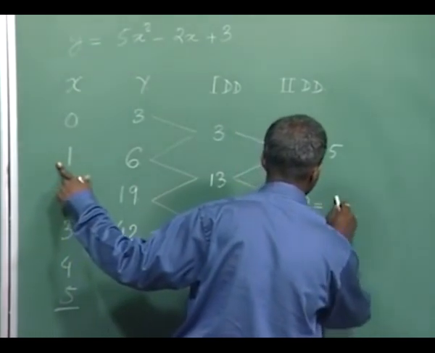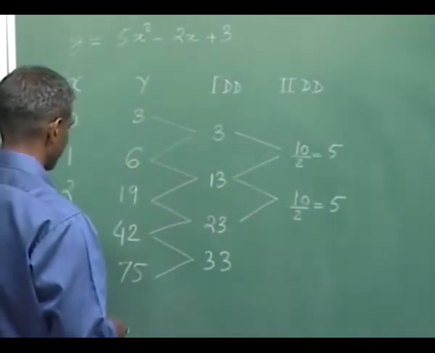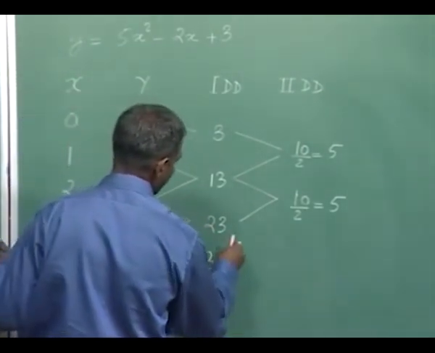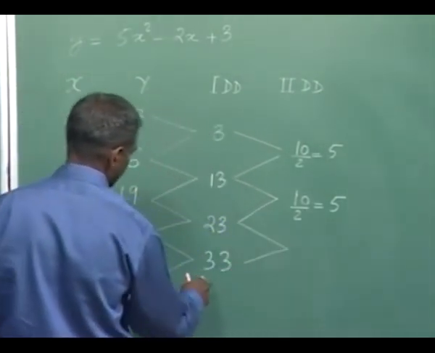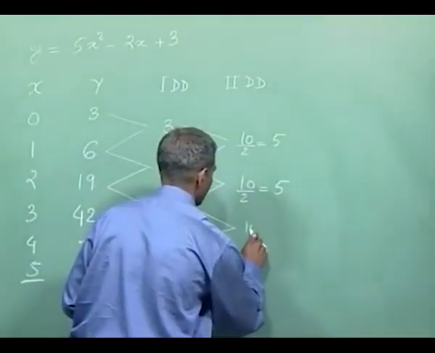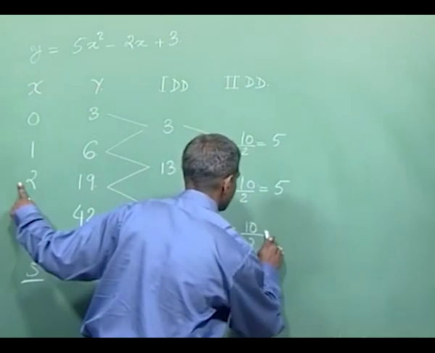This is again equal to 5. For this one here, this is 33 minus 23, which is 10 over 4 minus 2, 2 again. This is equal to 5.